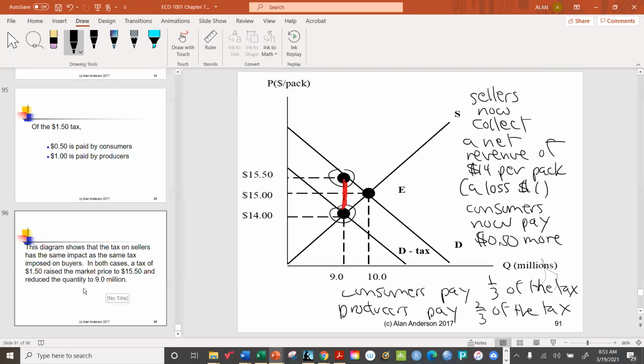But right now, for this standard case, you can see that it actually ultimately does not matter who the government forces to pay the tax. Ultimately, it is split up between the seller and the buyer, depending on the relative price elasticities. So here we have the consumers paying 1/3 and the producers paying 2/3. And in general, of course, as we've seen, whoever has the highest elasticity will pay the least amount of the tax.